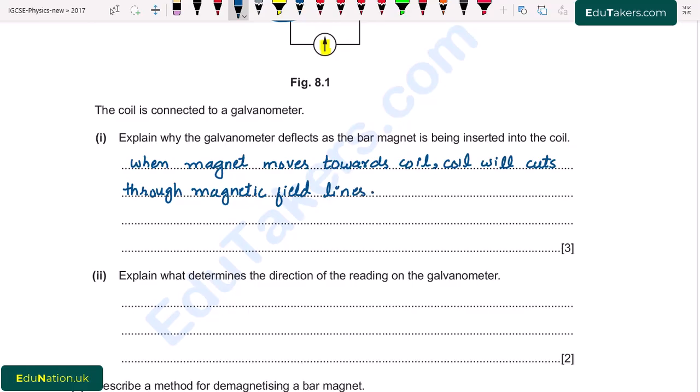The coil will generate a magnetic field to oppose the motion of the bar magnet.